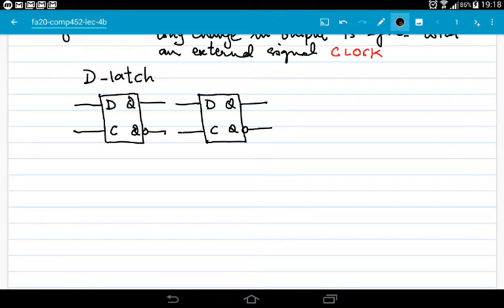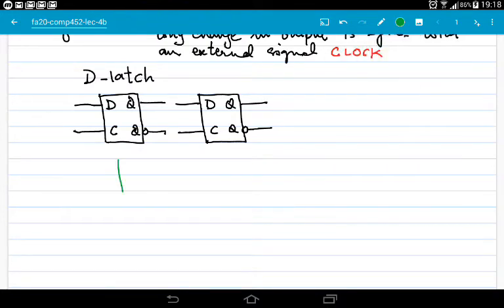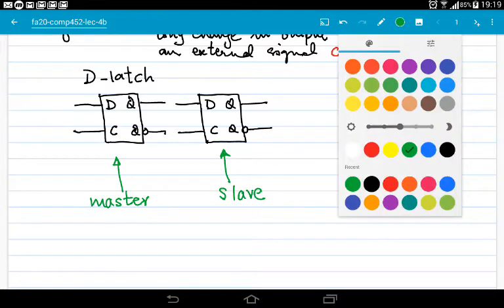Normally we say that this is our master latch, and this is our slave latch. This is master and this is slave. Okay.